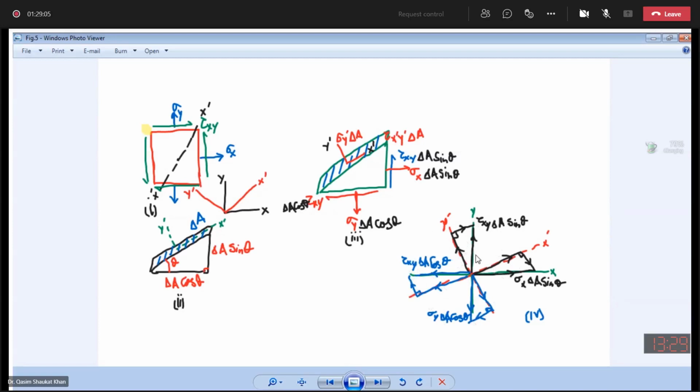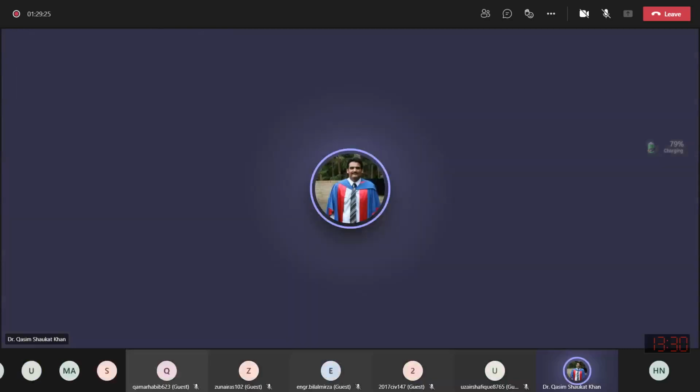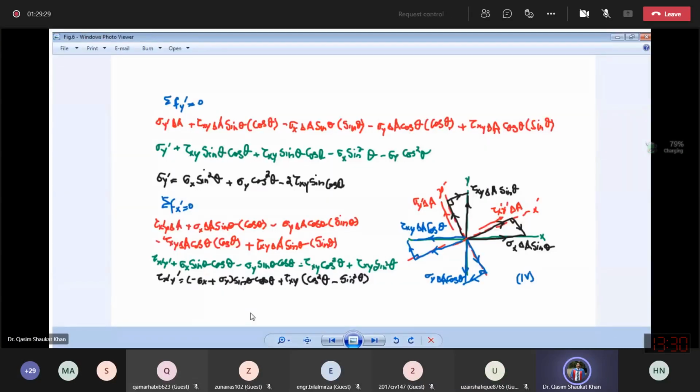Yes, sir. Okay, we are now proceeding further. We are now going to apply the equilibrium equations to the forces about the x dash and y dash axes.